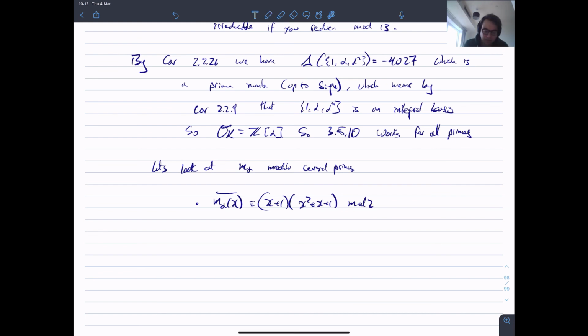We checked ages ago that this is irreducible mod 2, and so we factor into two things. So we get immediately from the theorem the ideal generated by 2 factors into 2 prime ideals, P2 and P2 primed, which are going to be 2 and alpha plus 1, and the other one is 2 and alpha squared plus alpha plus 1.